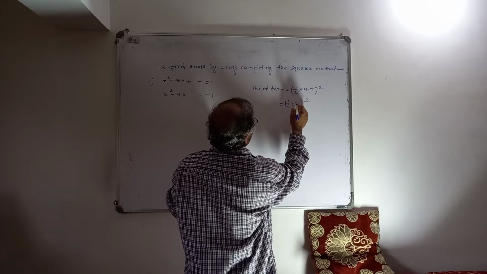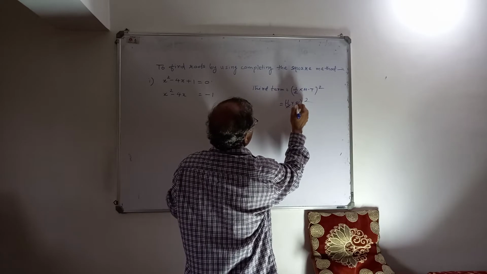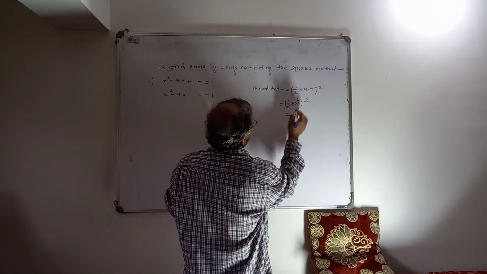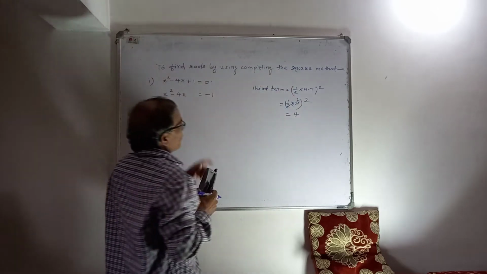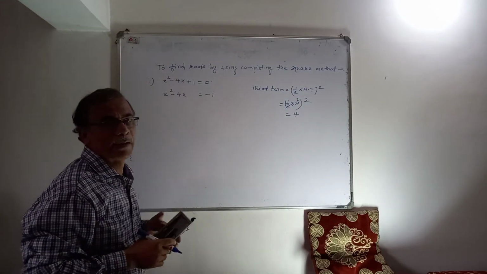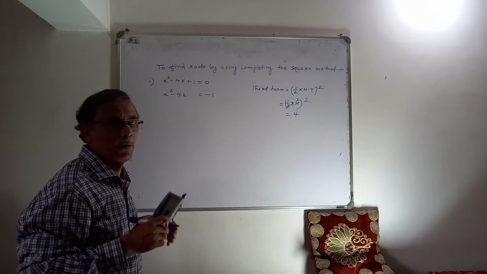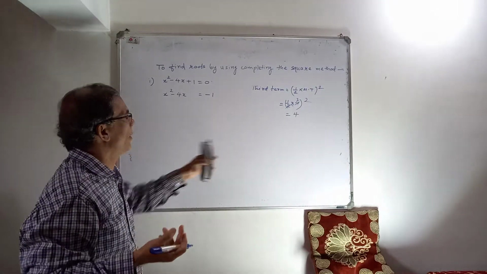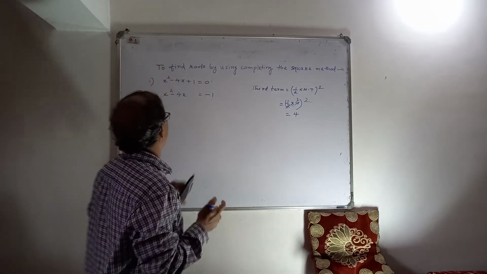Half into 4 means 2, isn't it? And 2 square is 4. So this 4 now, we have to add here to make it a perfect square, means a plus b whole square. In that form to convert, we have to add plus 4 here.